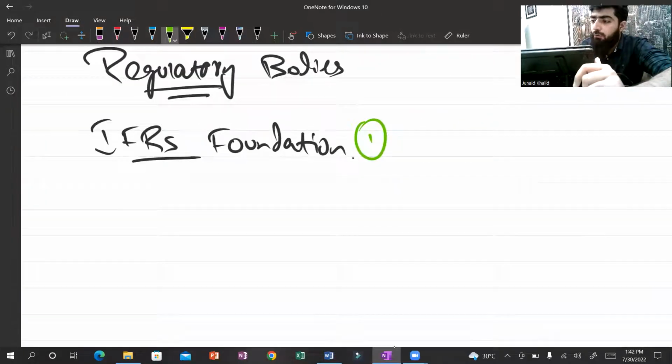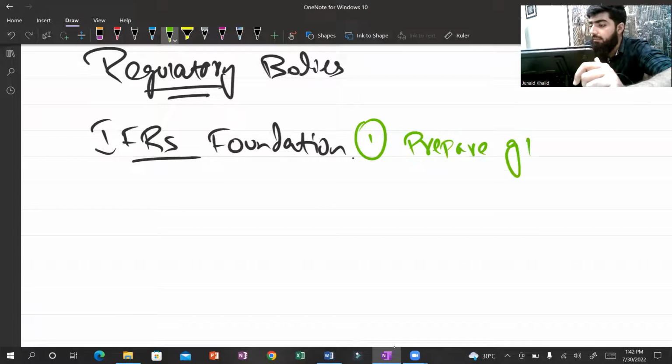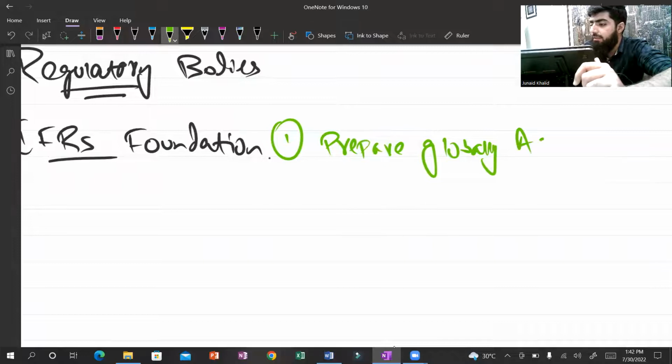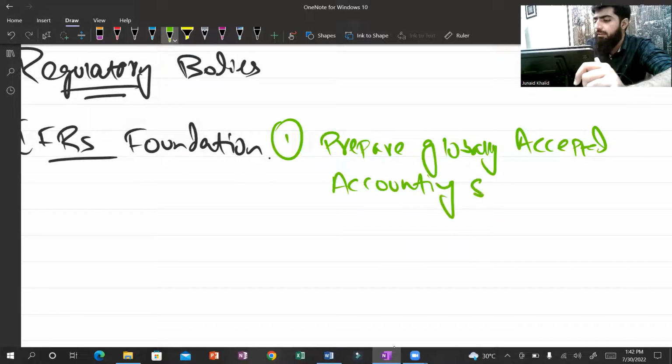It means IFRS Foundation was established with the main purpose to establish or prepare the globally accepted accounting standard.